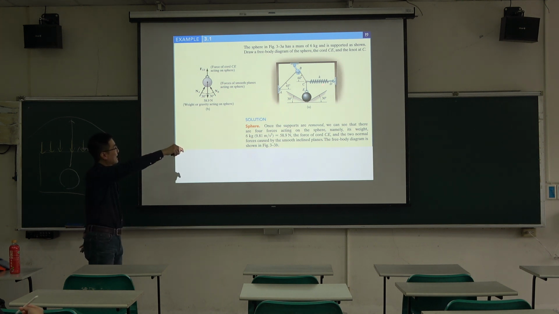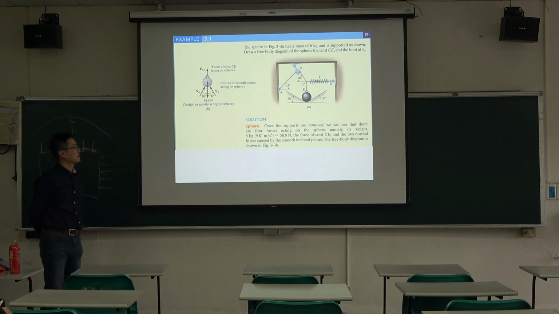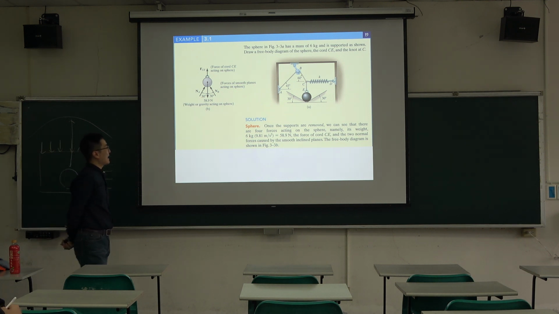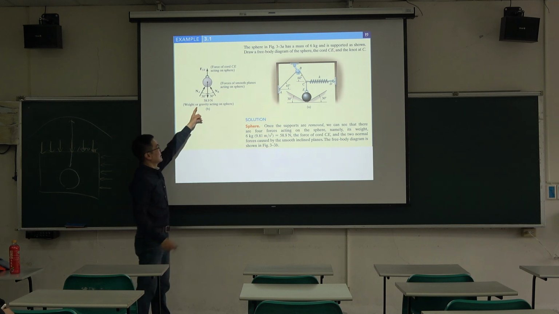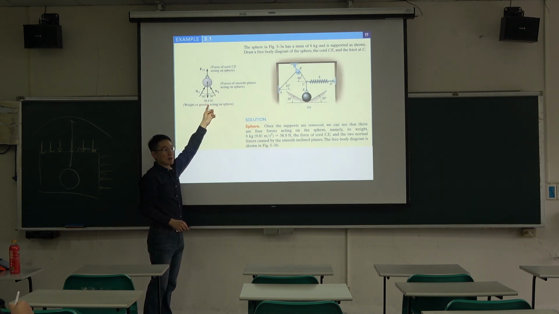Then we have this cord providing tensile force, which is here. So the free body diagram for this object can be expressed here. Then we know the self-weight is 6 kilograms.